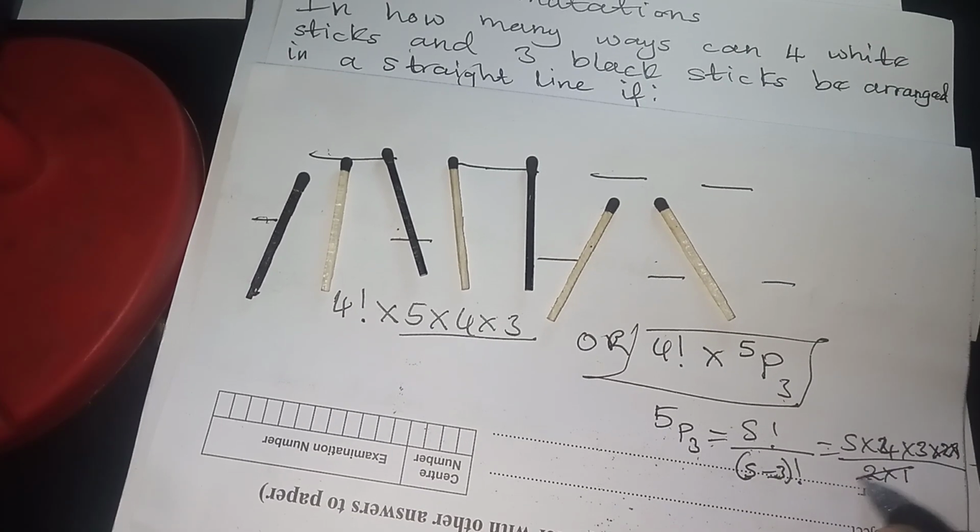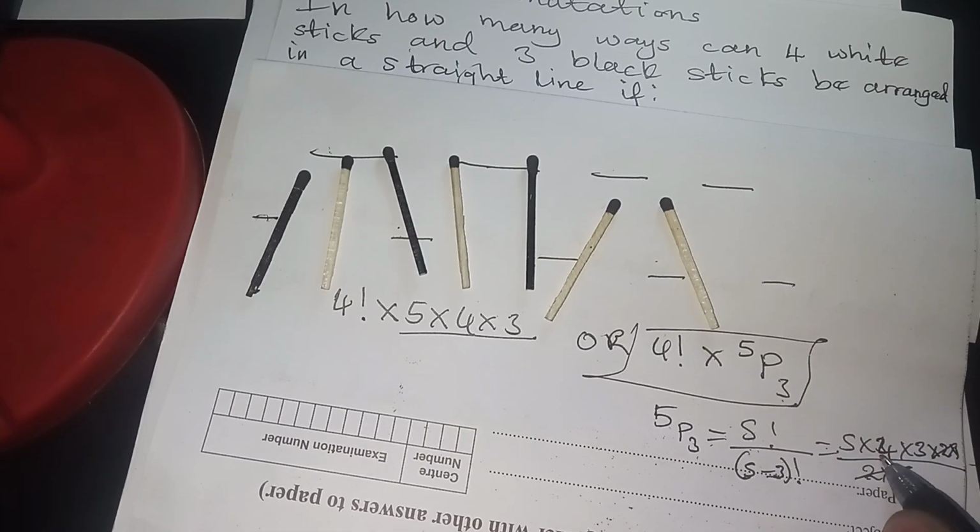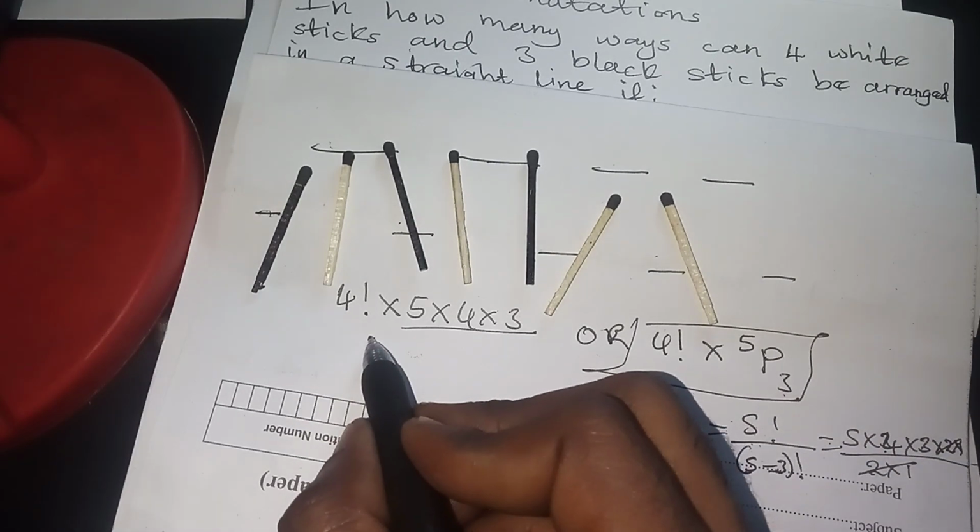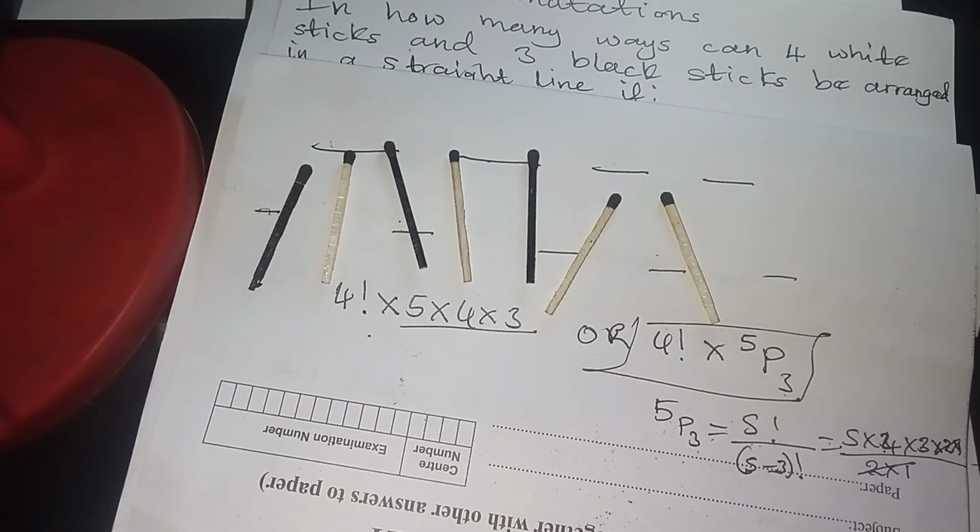Then when you cancel these out, you remain with 5 times 4 times 3. So this is your answer. If you want, you can use this. And you're done.